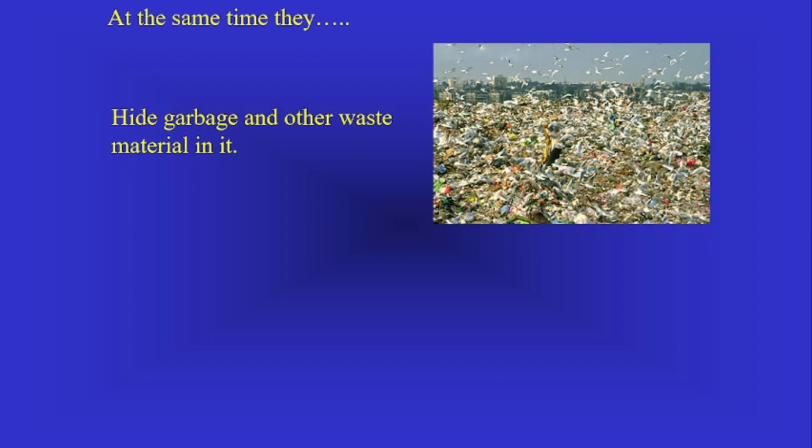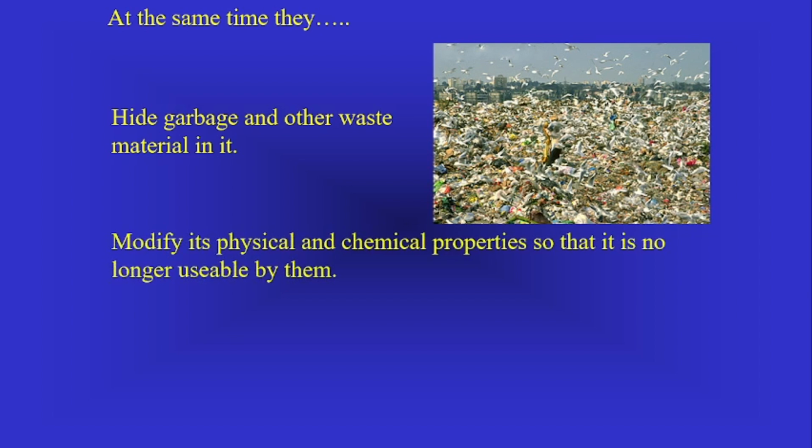At the same time, there are disadvantages when we interact with them, with the anthropogenic activities going on a lot today. A lot of garbage and other waste material is put in it. What can it do when we dump garbage and other products in it? It modifies its physical and chemical properties so that it is no longer usable.